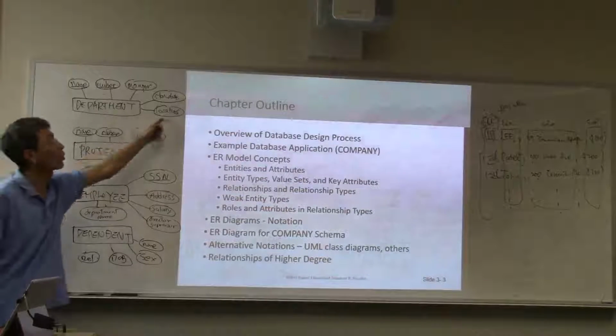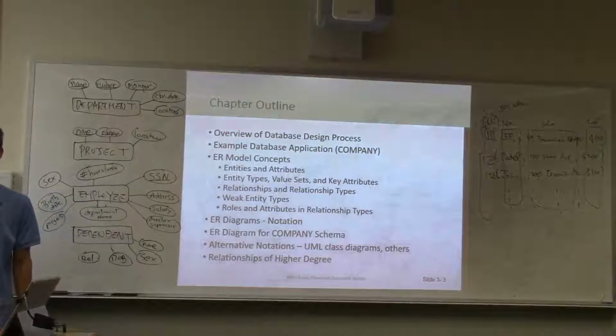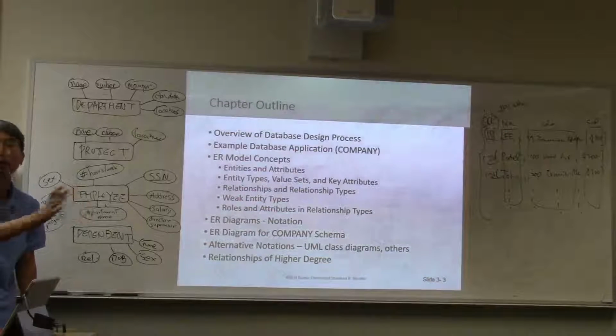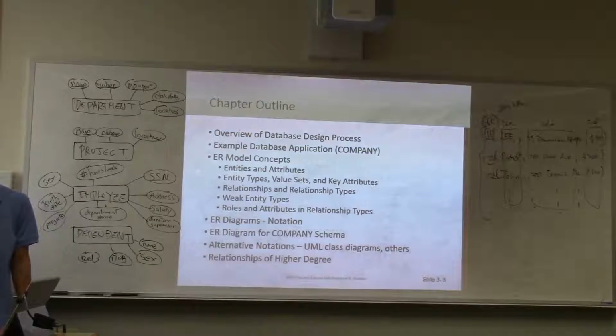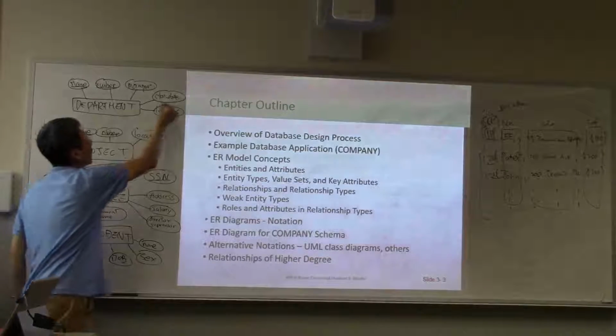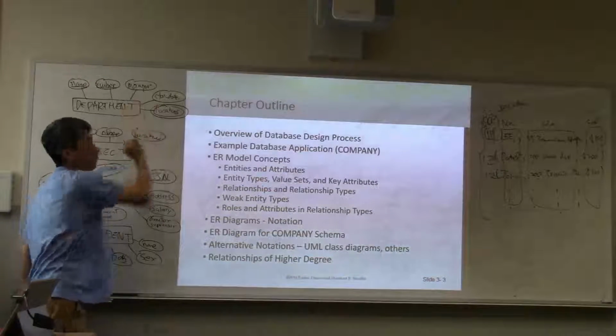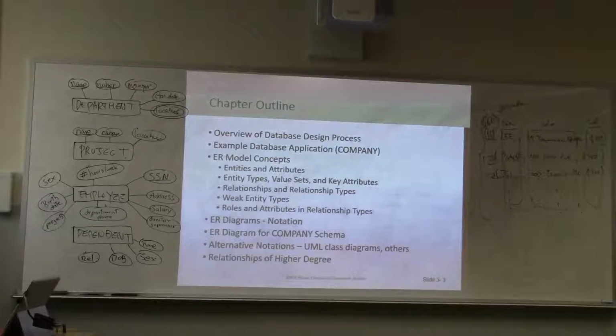One. What about the location? How many locations? Many locations. In case it's many, we can use a double line, double oval. It's a multi-valued attribute. Okay? Is there any other multi-valued attribute?